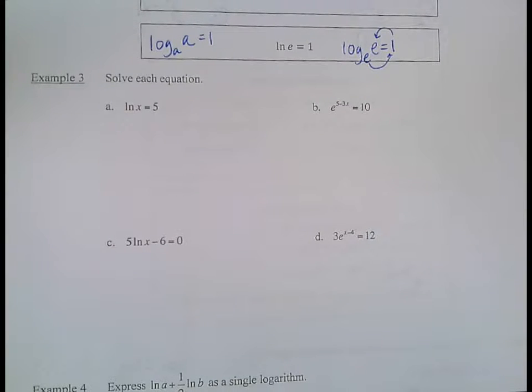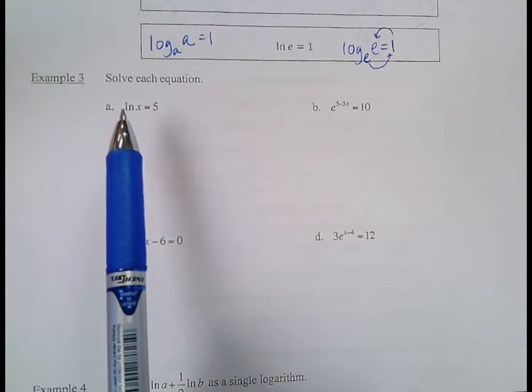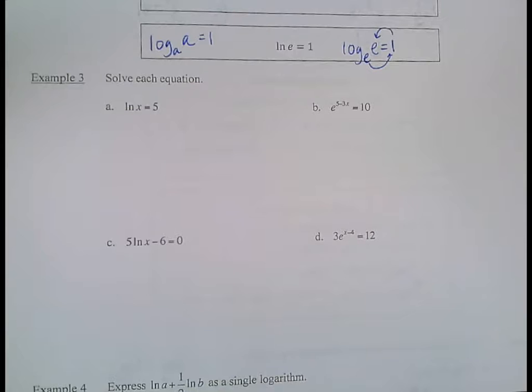So I have 4 equations here that involve either logarithms or exponential functions to solve. So if I have the equation natural log of x equals 5, anyone remember how you would solve that? There's really, I guess, a couple of methods you could use for this one.